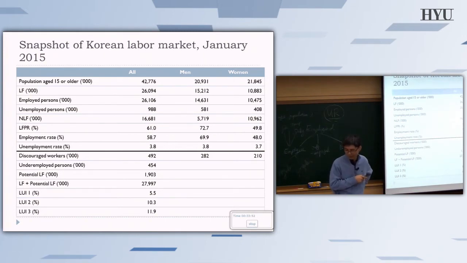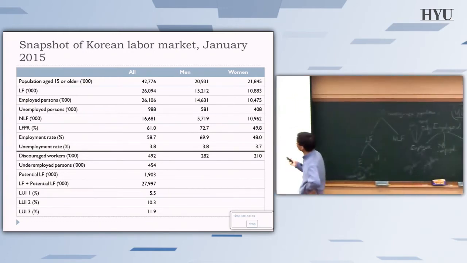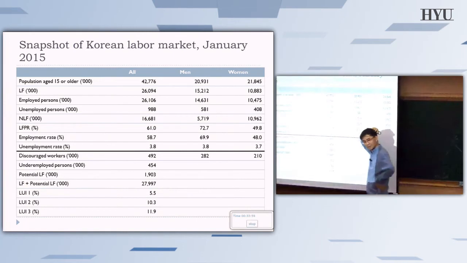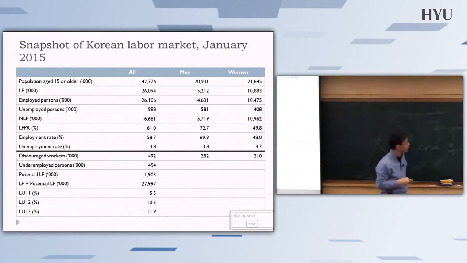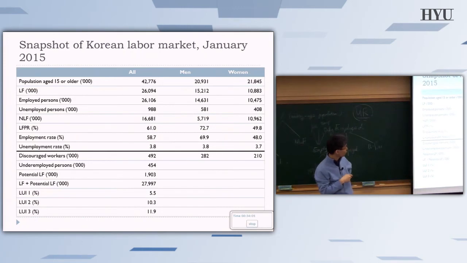It should be 25106. Yes, it should be 25106. How come I didn't catch it? Employed persons cannot be bigger than LF. So we have non-LF. The LFPR is 61%, men 73, women 50, and we have seen this.